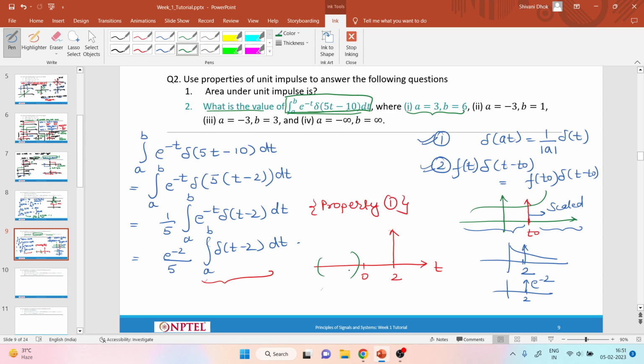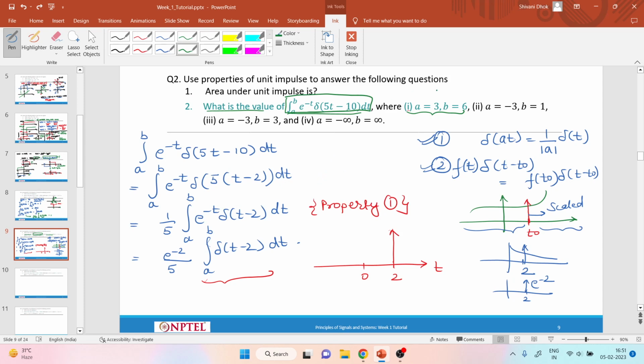So in that case, whatever integral function we are having, it will just simply go to 0. Similarly, if I am having that here, again it will go to 0. Unless your impulse is included in the region of integration, you won't be getting the integration as 1. Therefore, the limits of integration are important to understand what value we will be getting.